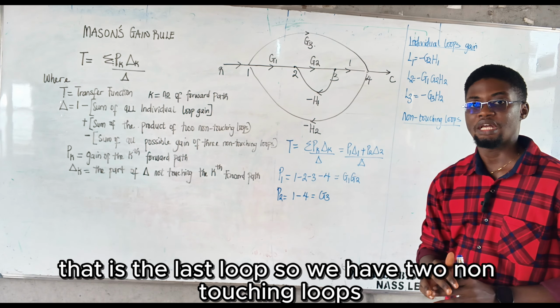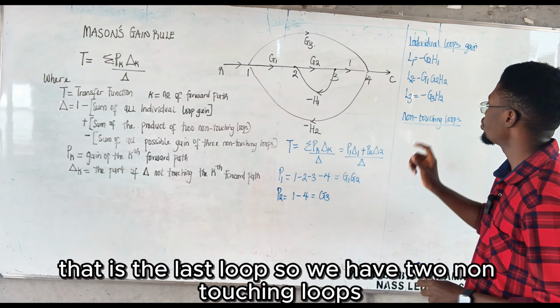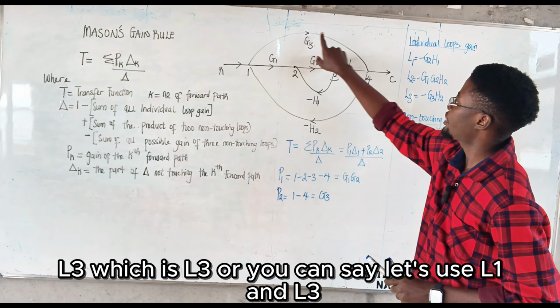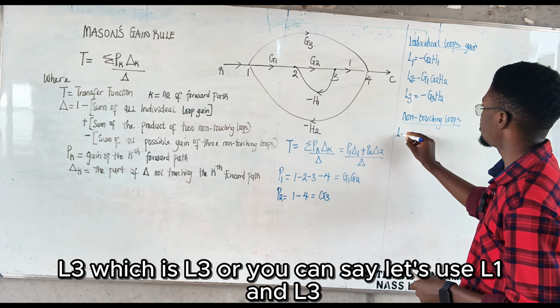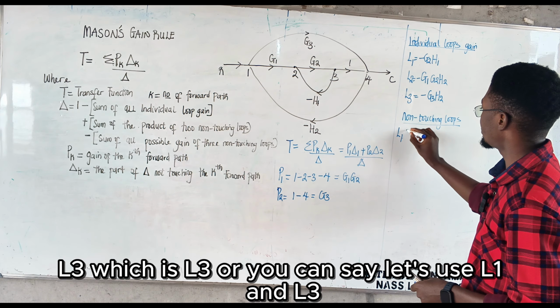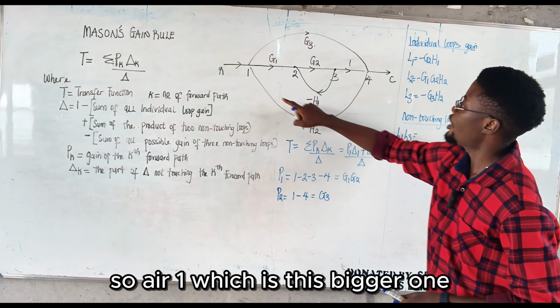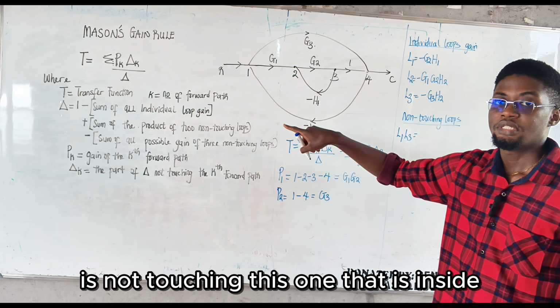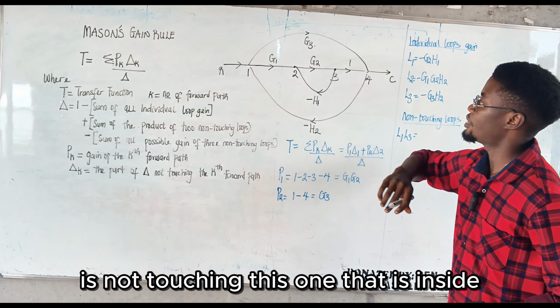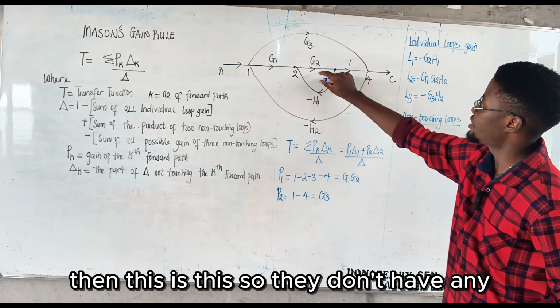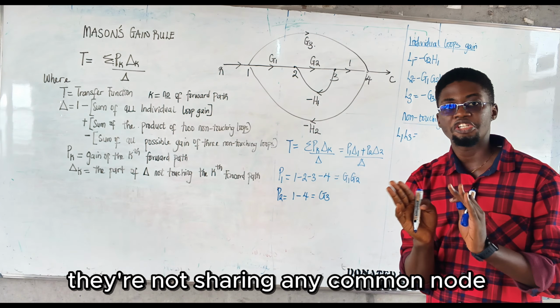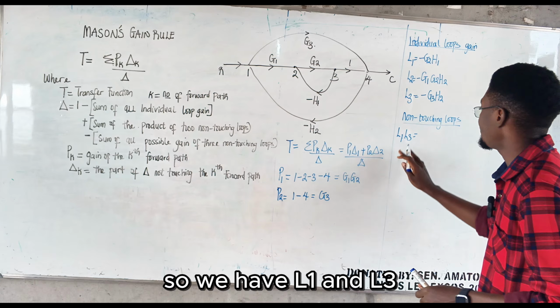So we have two non-touching loops, L1 and L3. L1, which is this bigger one, is not touching this one that is inside because it just starts from here and goes straight to 4. They are not sharing any common node. So we have L1 and L3.